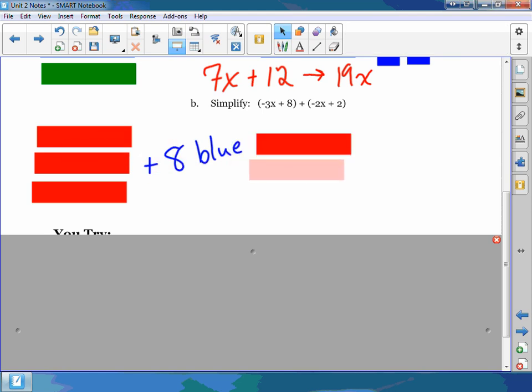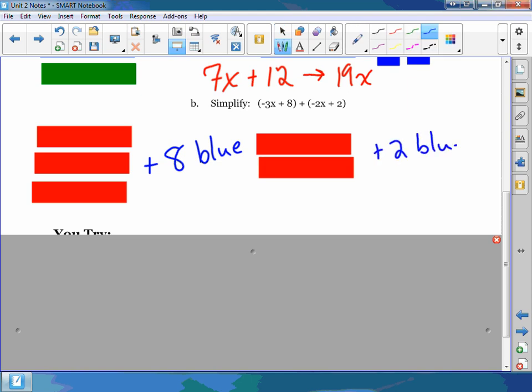So I'm bringing 2 more of these red bars, plus 2 blue cubes. So when you put all these shapes together, all these different candy varieties, or however you want to think of them, what do you end up getting for your simplified expression? Emma?